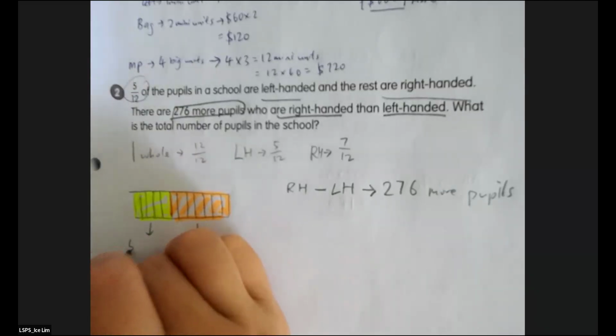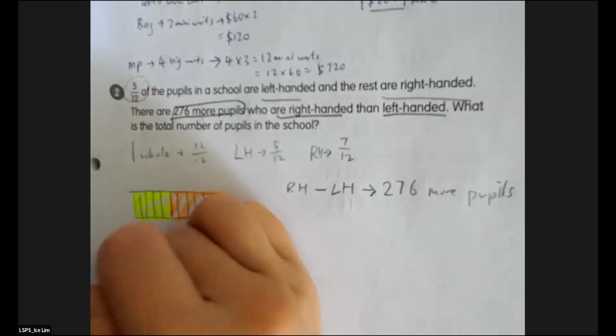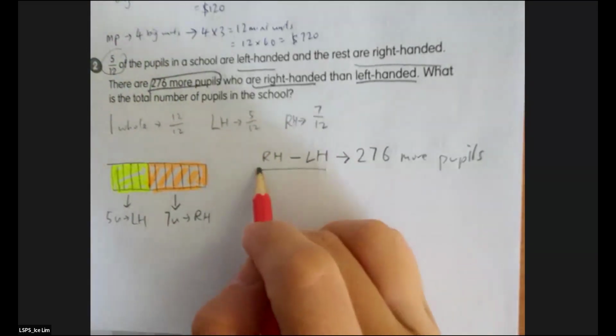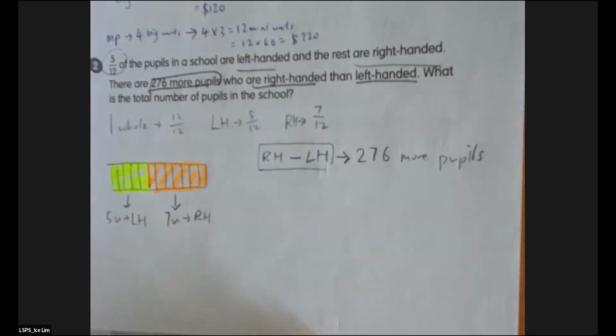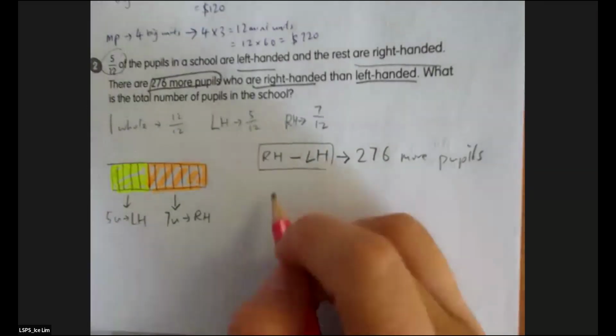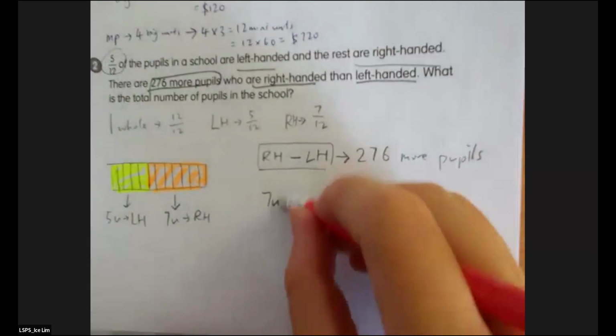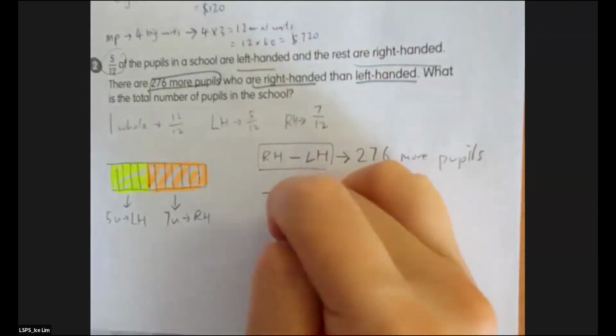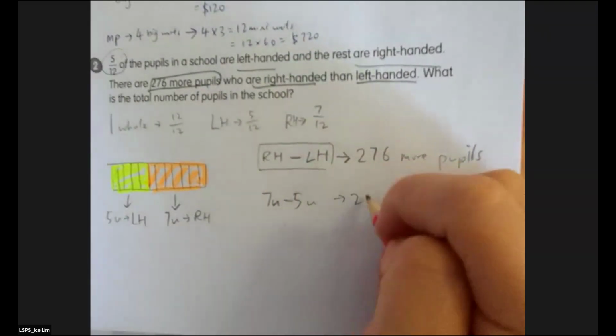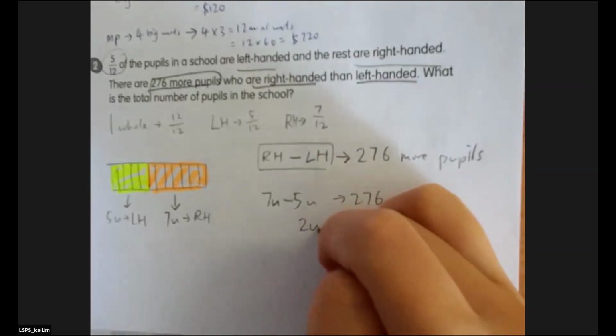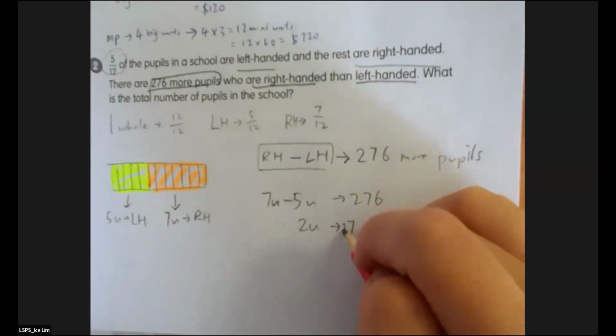This one's 5 units, that's left-handed. So right hand is more than left hand. Right-handed pupils are more than left-handed pupils. So yes, that's right. 7 units minus 5 units, that's 276. That's 2 units is 276.